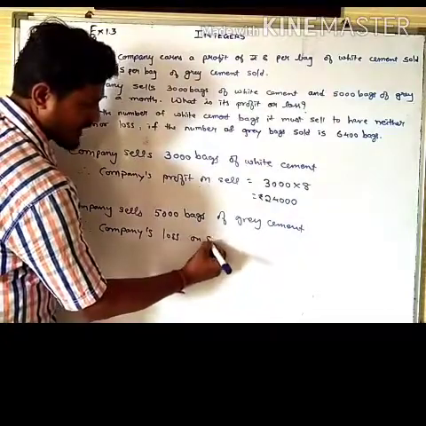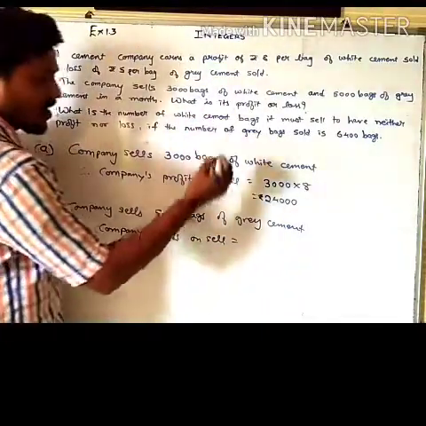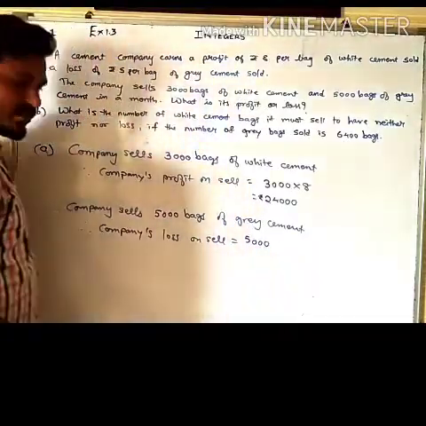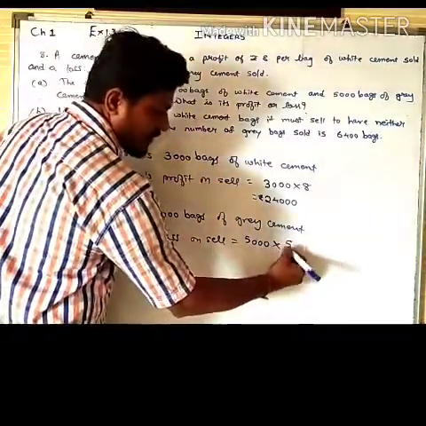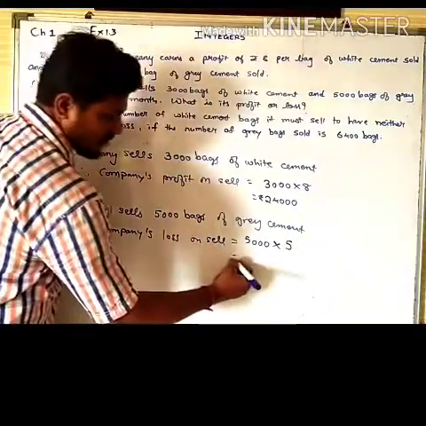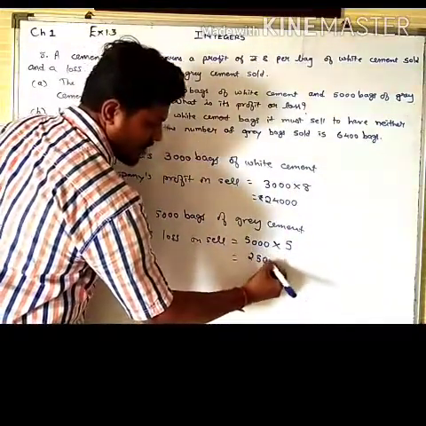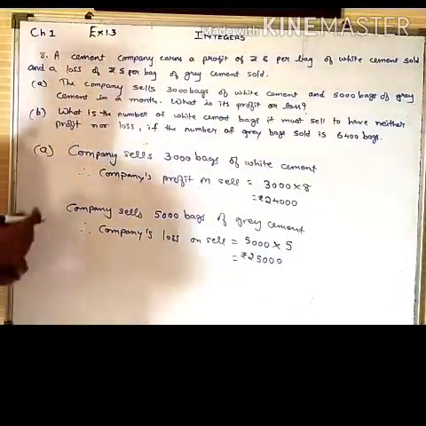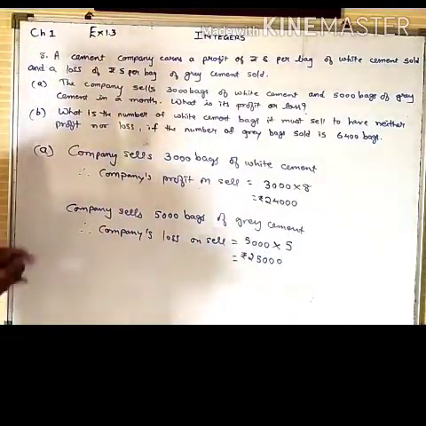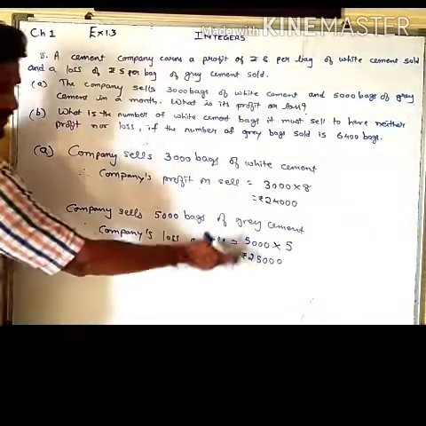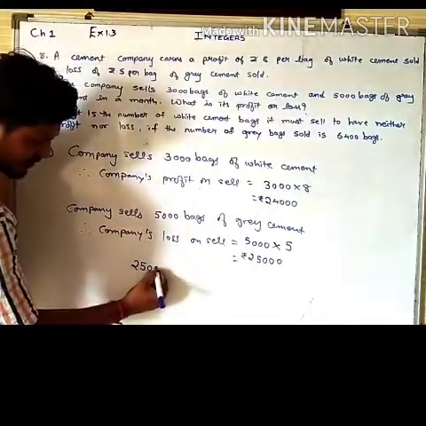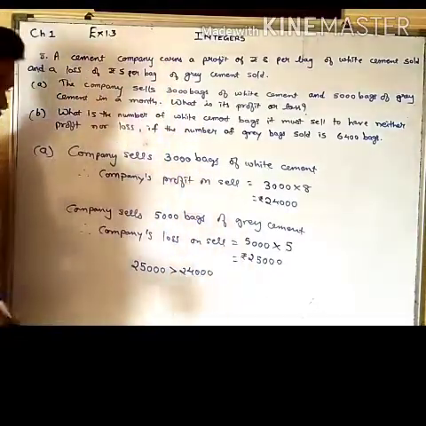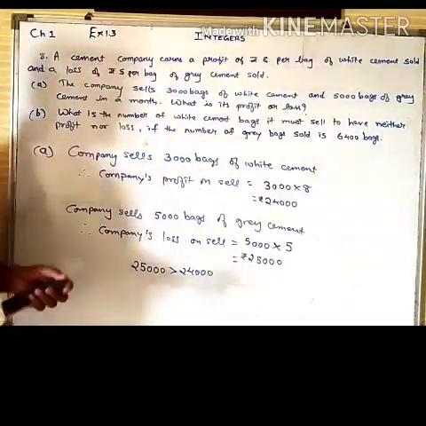Loss on sale equals how many bags? 5000 bags of grey cement and a loss of rupees 5 per bag. So 5,000 times 5, there is a loss of 25,000. So at the end of the year, is there a profit or loss? Here 25,000 is greater than 24,000. So from the values we can conclude there is a loss.